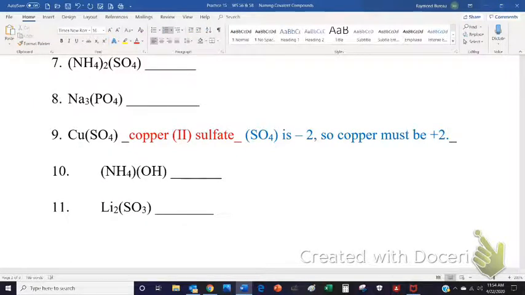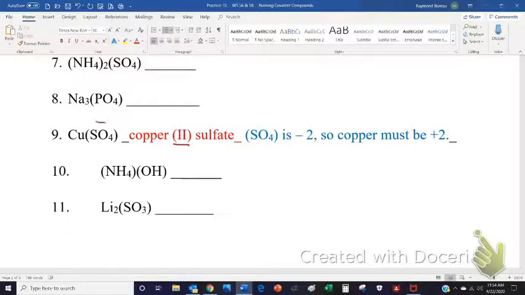And if you look at number 9, you'll see the Roman numeral 2. We talked about that on the previous assignment. The transition metals, many of them have more than one oxidation number, so we have to give it the correct Roman numeral. Well, again, just like we did with single atoms, in this situation we need the oxidation numbers of the second part.